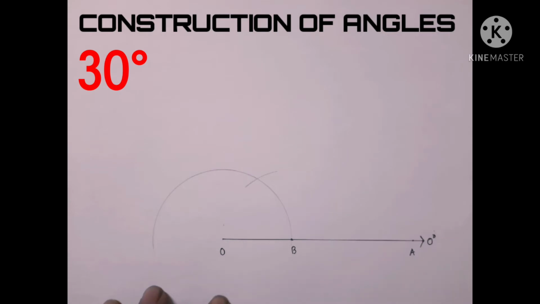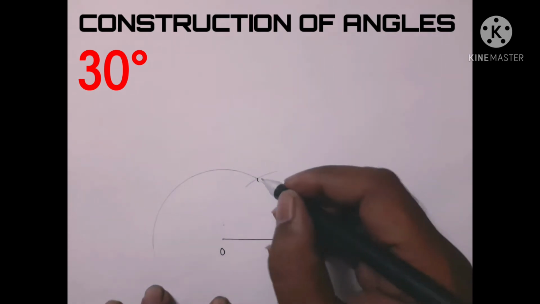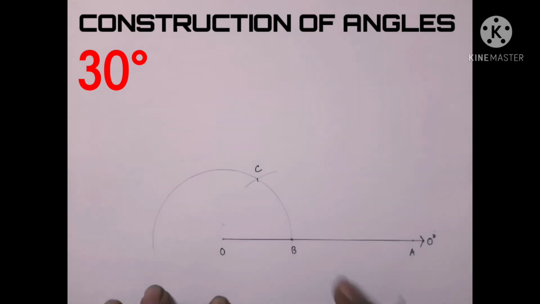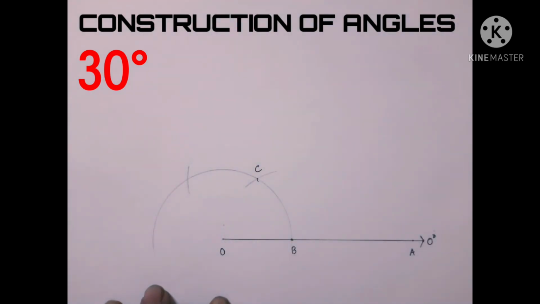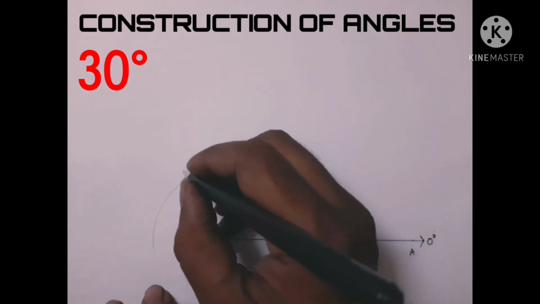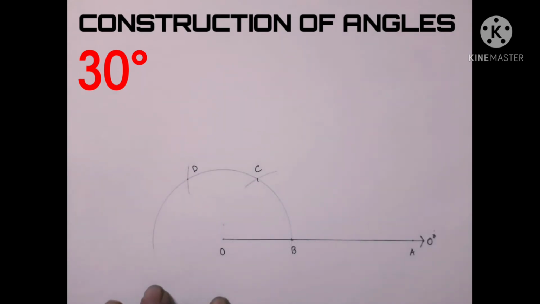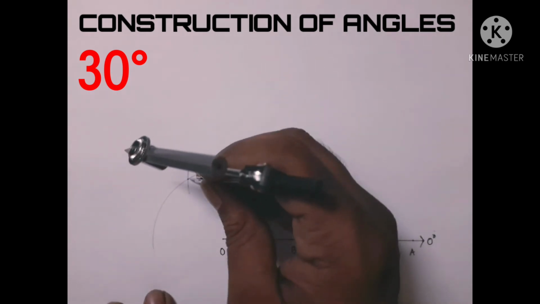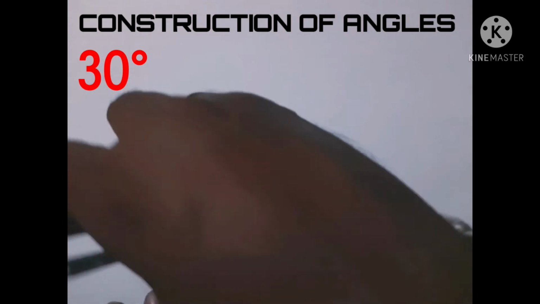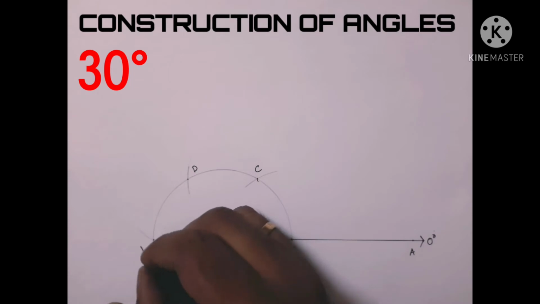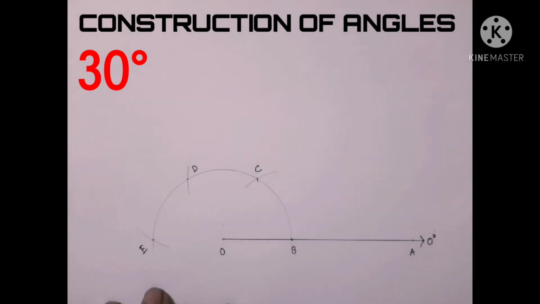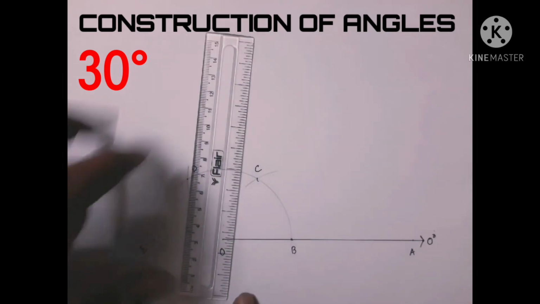So let it be point C. Again from point C with the same radius, let us intersect it with the semicircle and mark it as point D. And again with the same radius from point D we'll get a third cutoff and mark it point E. Now we'll join all the 3 points to the vertex to get 60, 120 and 180.